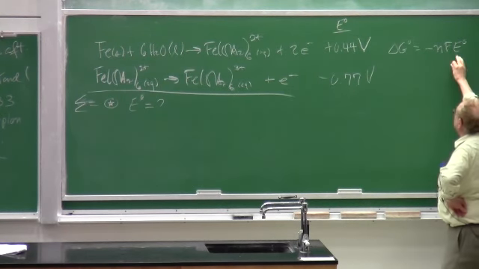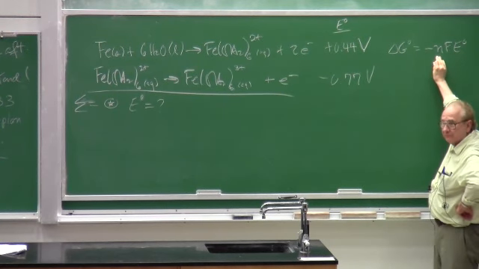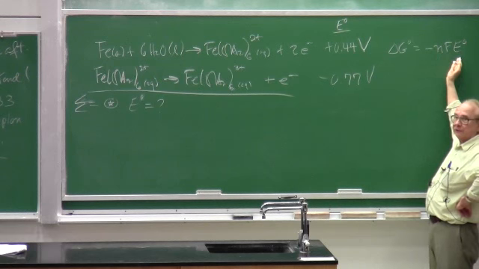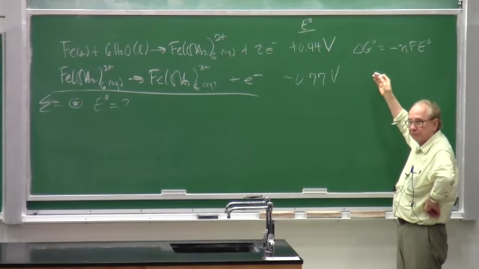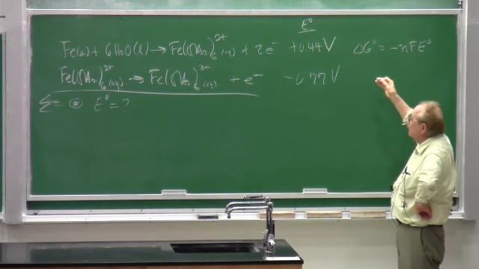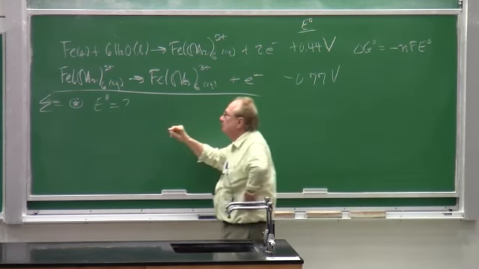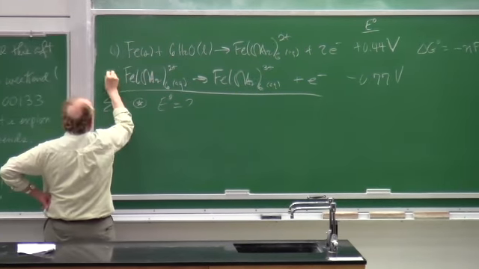I got the E0 value. N is 2. F is the Faraday. And when you do this, you don't really need to put the Faraday in there, because you'll see it'll cancel from the final arithmetic step. So let's call this 1 and this 2.